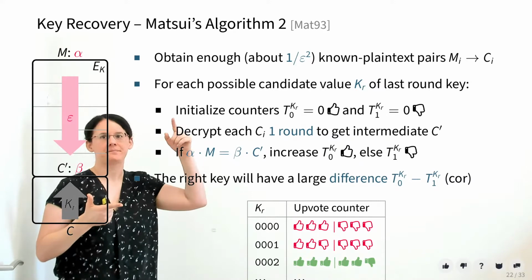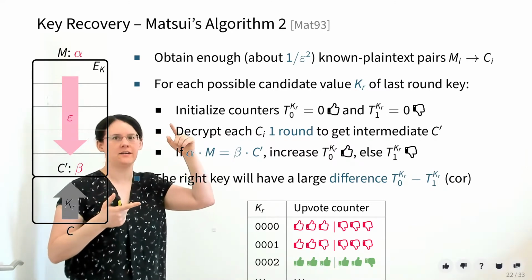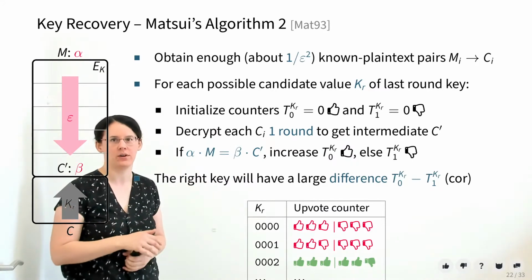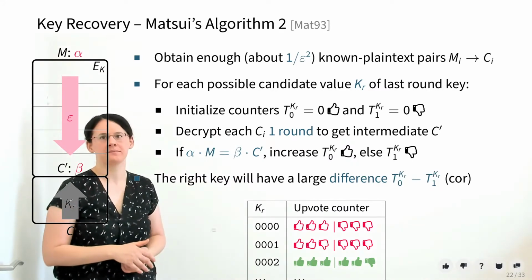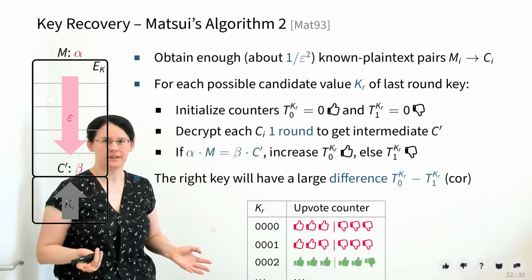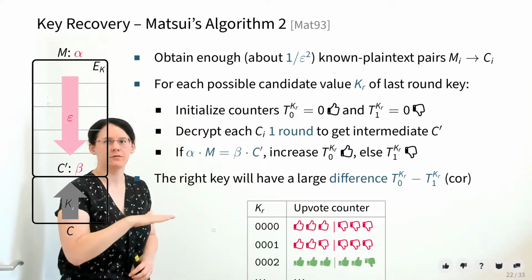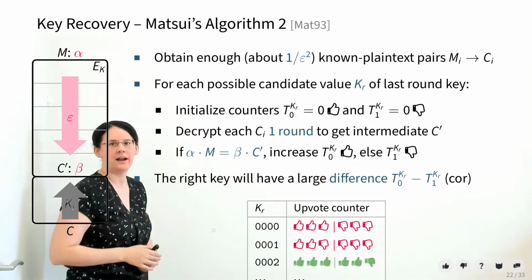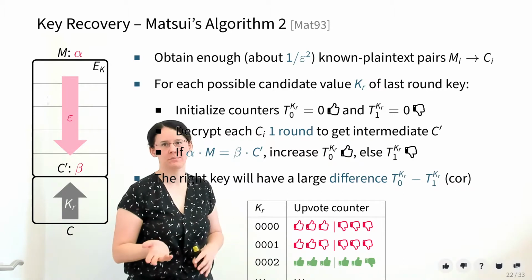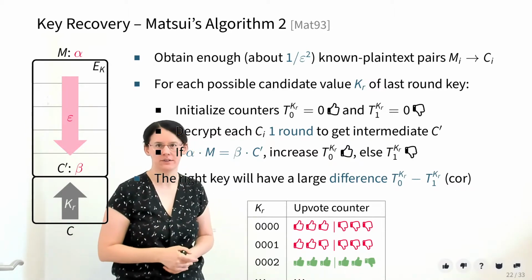And for each key candidate, I collect again these counters, how often it's correct and how often it's wrong, across all plain texts. And now I look at the result at the end. So for each of the key candidates here, I will then have a number of upvotes and a number of downvotes. So a T0 counter and a T1 counter.